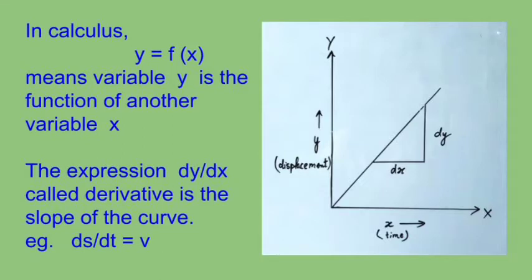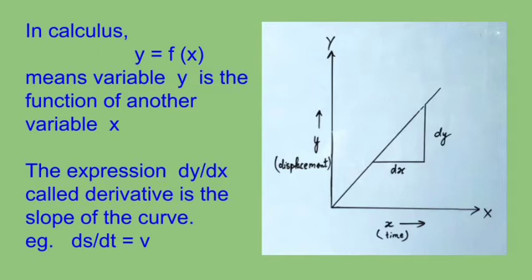In calculus, the expression y is equal to f(x) means variable y is a function of another variable x. You can see in the graph of y versus x, as x varies, y also varies accordingly.